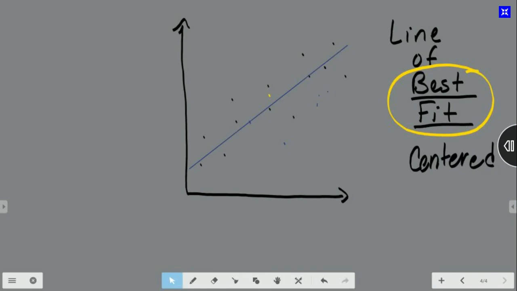If I take my 15 and go up to my line of best fit and go over, somewhere between 35 and 40, so 37 and a half, 38, 39. You're going to have some estimating there, but you're going to have to make some sense when you're estimating.